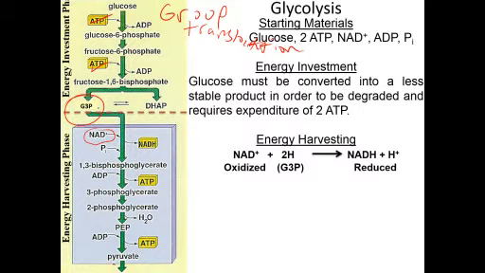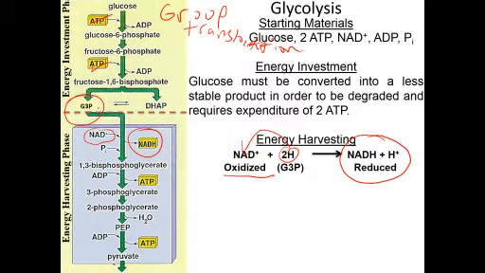NAD+ is initially oxidized, and G3P has hydrogen atoms. These hydrogen atoms get transferred to NAD+, and it becomes NADH. So NADH is now reduced. Now we have 1 NADH molecule.